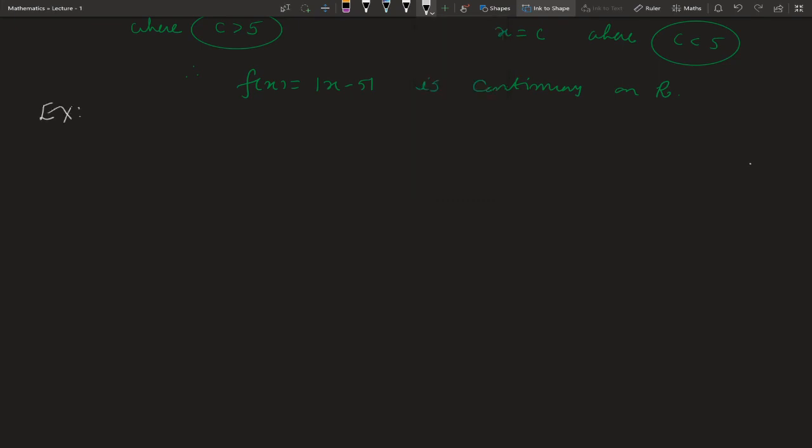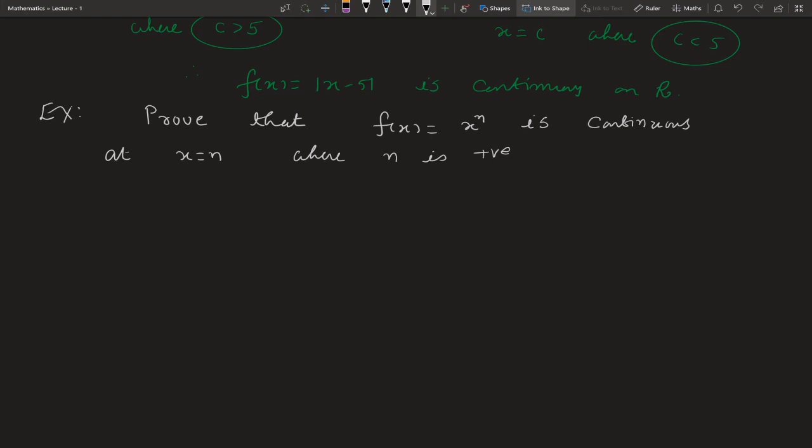Example: prove that f of x equal to x raised to n is continuous at x equal to n, where n is a positive integer.